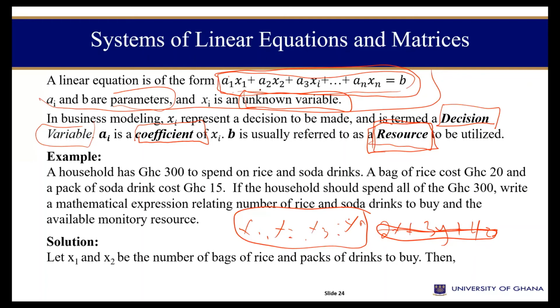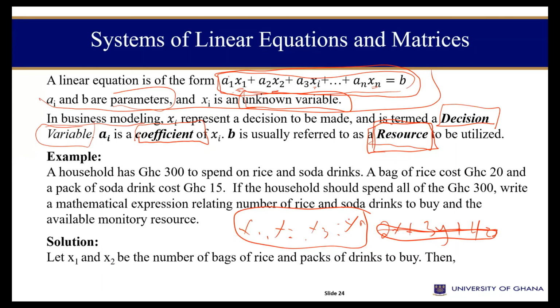Those are the things you have in mind to buy. But because you don't know how many to buy for each of them, we represent the unknown variables as what? Decision variables. Means that x1, x2, xi to xn are known as decision variables in business modeling. We won't say unknown variables. We will call them decision variables.